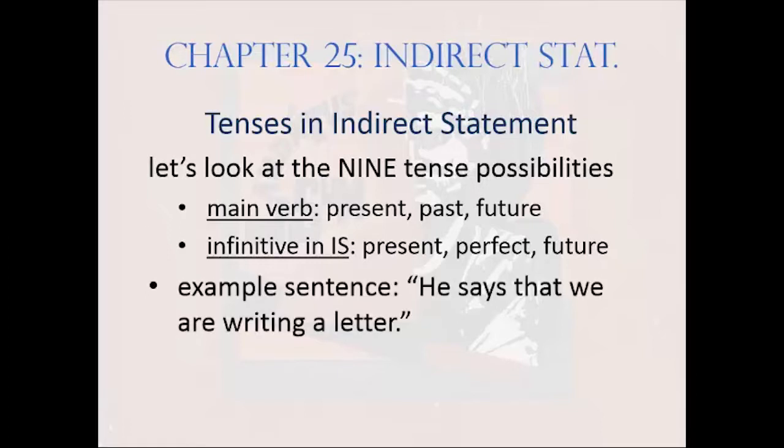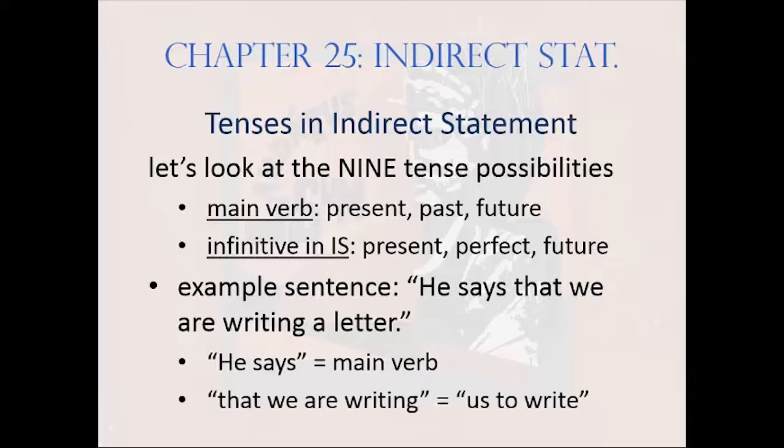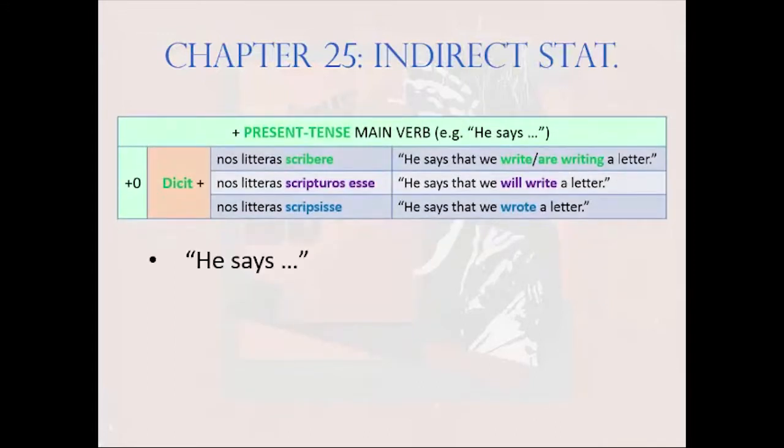Using the example sentence, he says that we are writing a letter, where the main verb is he says, and the indirect statement is that we are writing, let's turn English idiom into its Latin equivalent. In this case, he says us to write. Dicit, he says, nos litteras scribere, literally, us to write a letter.